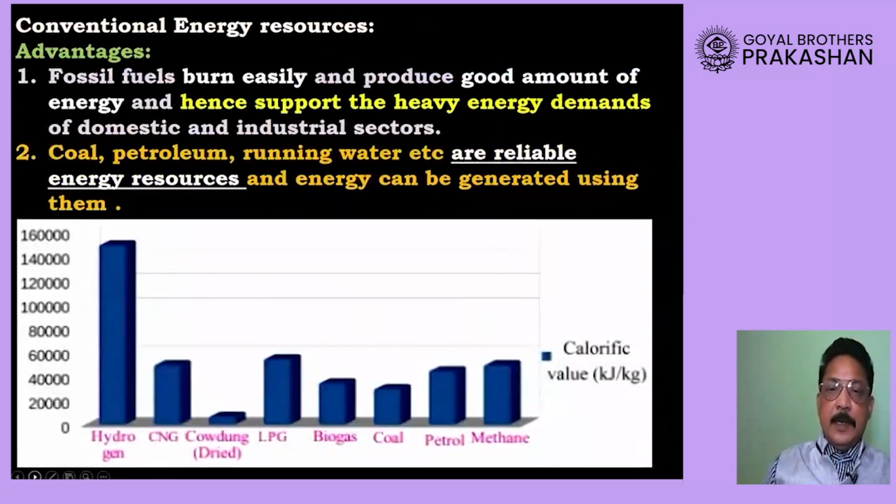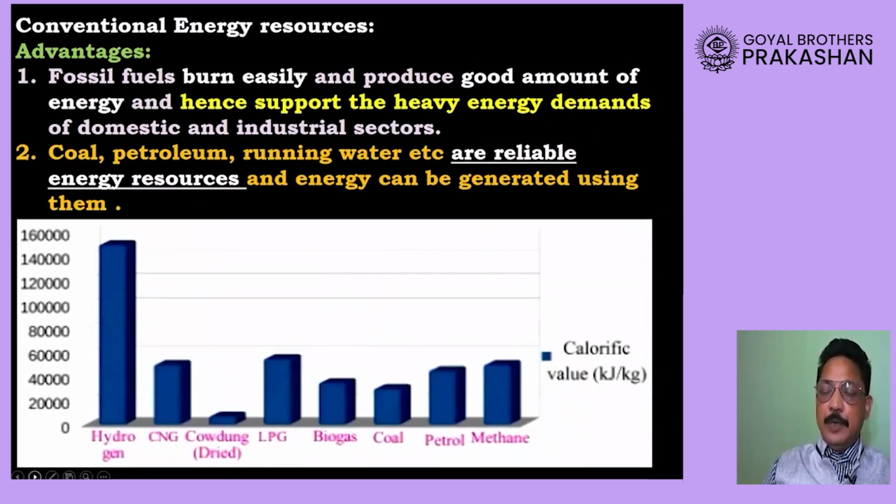Now look at some more advantages of these conventional energy resources. Please remember, as I said some time back, they produce a large amount of energy, and they very easily burn.